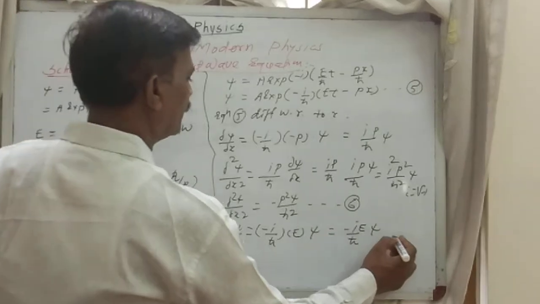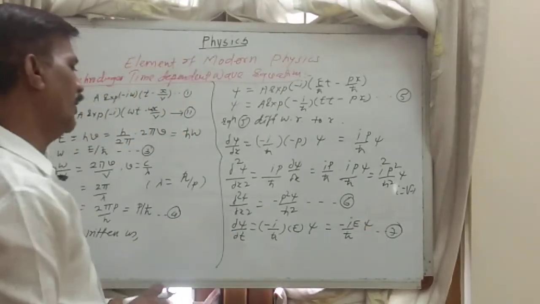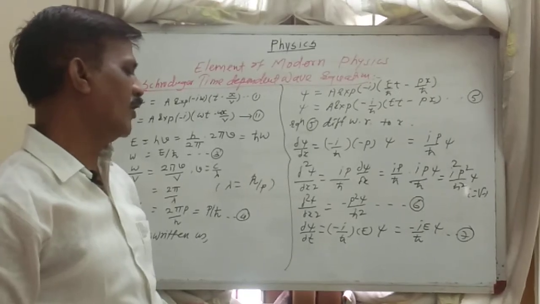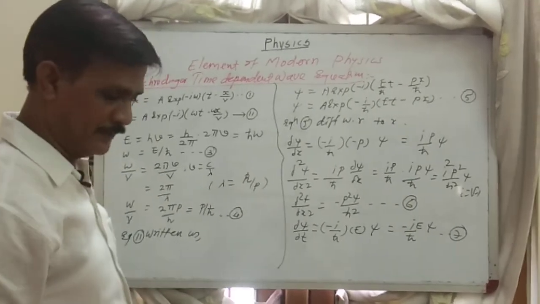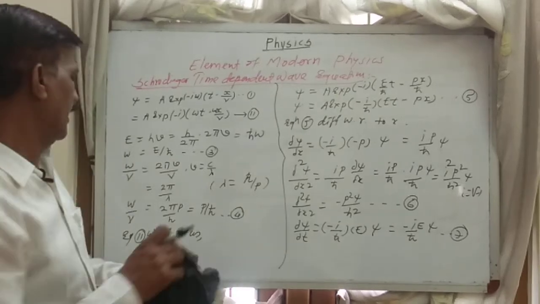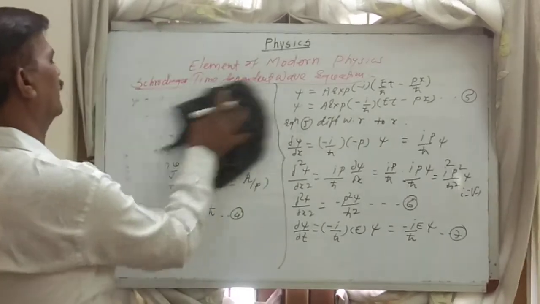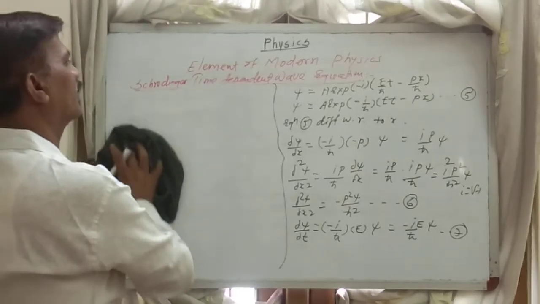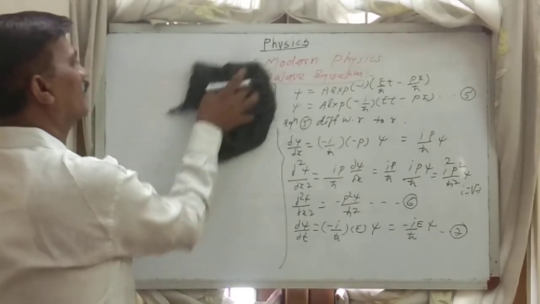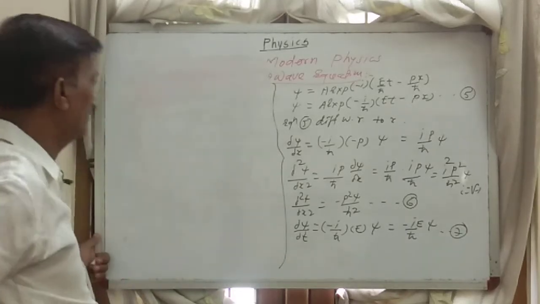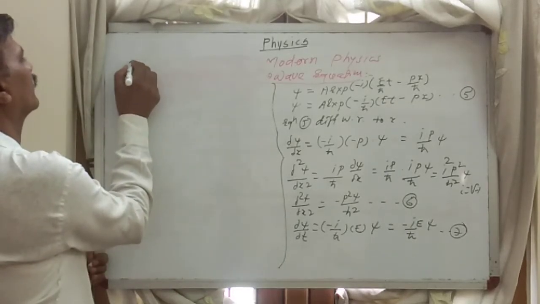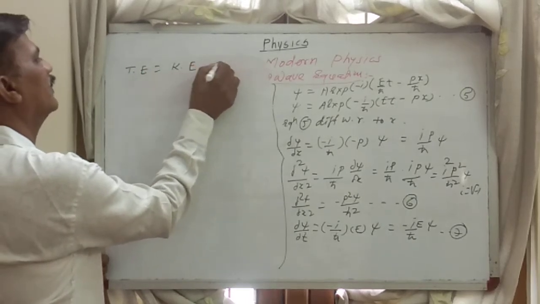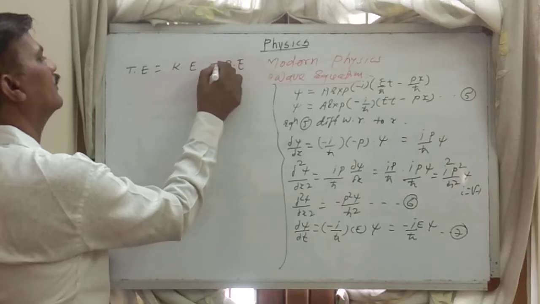Here equation 6 gives the value of del square psi by del x square, and equation 7 gives the value of del psi by del t. Then the relationship between total energy, kinetic energy and potential energy is that total energy is equal to kinetic energy plus potential energy.